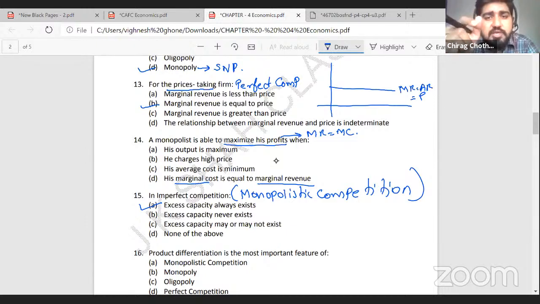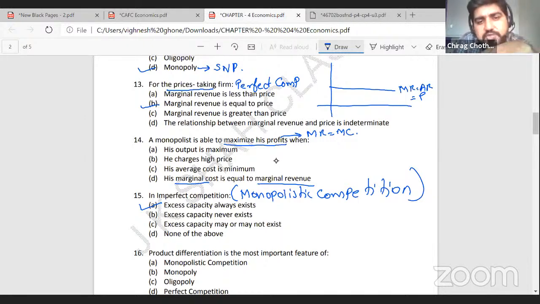When a firm is producing at a lower scale of output, then it is called excess capacity, right? So many a times you would say that capital utilization is not proper in case of monopolistic competition, because firms are in a position where they can produce more and more, but that depends upon demand. If there is no demand, whom will they sell, right? So that's why we say in imperfect competition, friends, excess capacity will always exist.